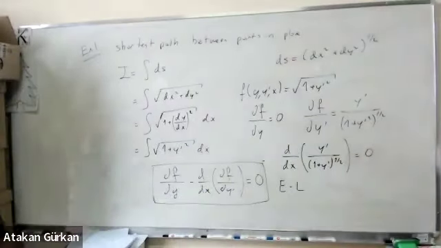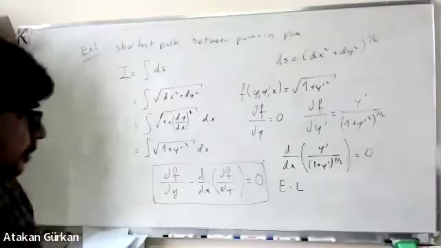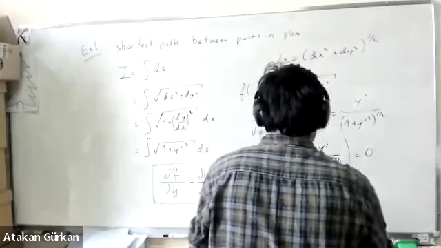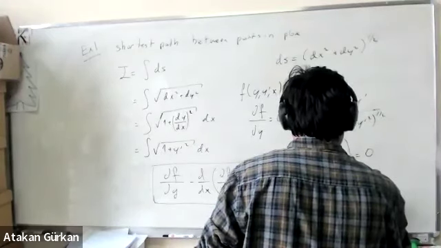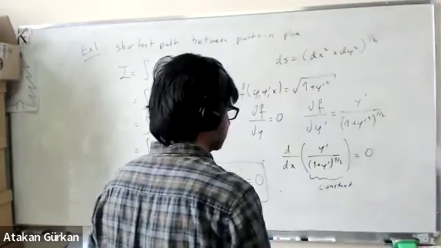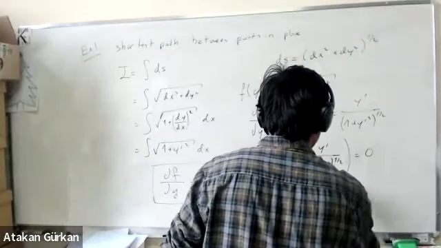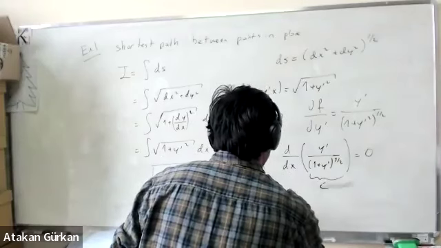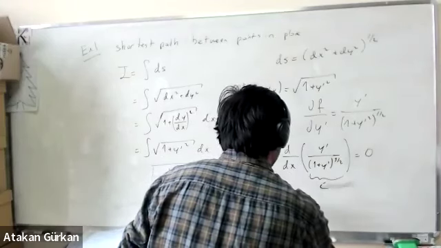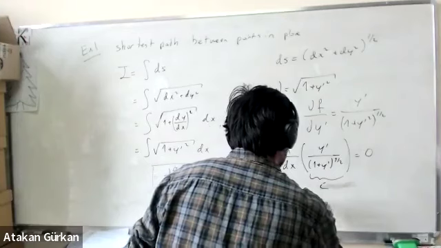What does this mean? The derivative of something is 0. It is a constant. This thing must be a constant. Let's call it C. So y prime over the square root of 1 plus y prime squared is a constant.